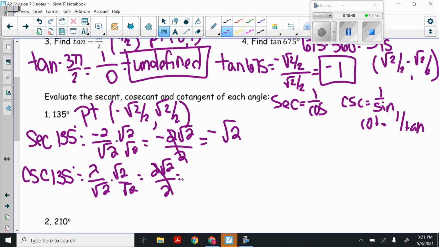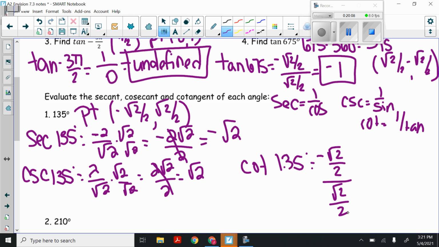The 2's cancel, and I'm just left with the square root of 2. Now I want the cotangent of 135 degrees. If the tangent is sine over cosine, the cotangent is cosine over sine. So cosine would give me negative square root of 2 over 2 divided by sine, square root of 2 over 2. The same thing being divided, so negative 1.